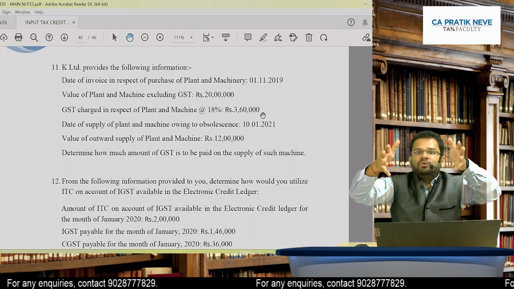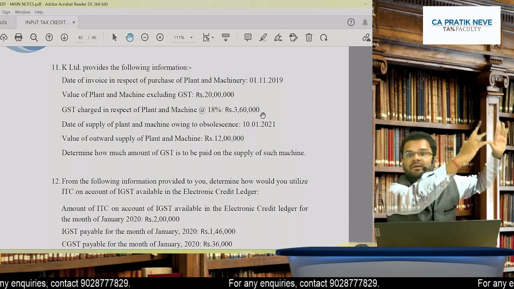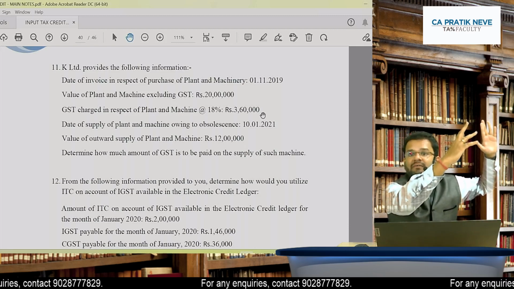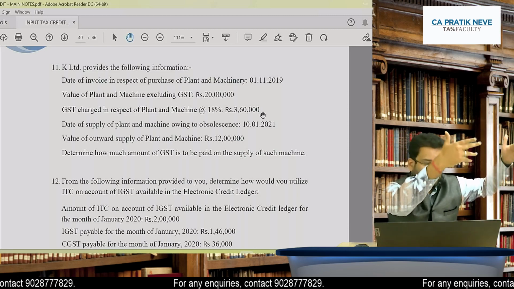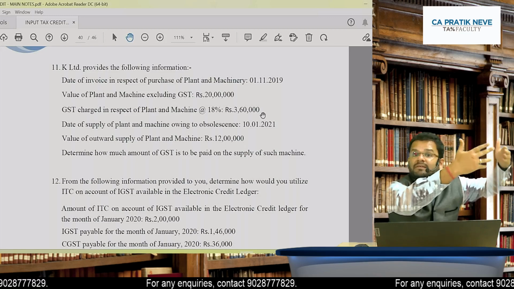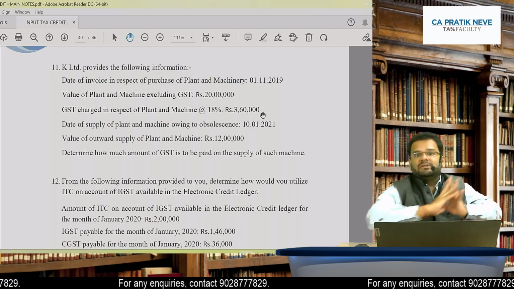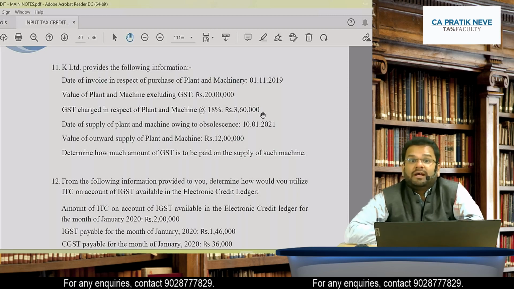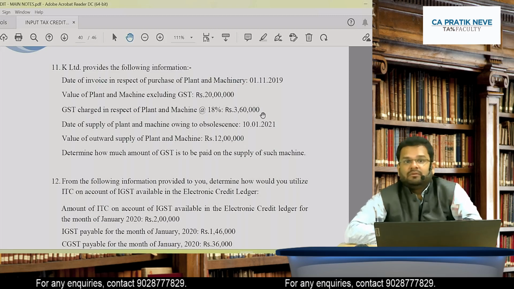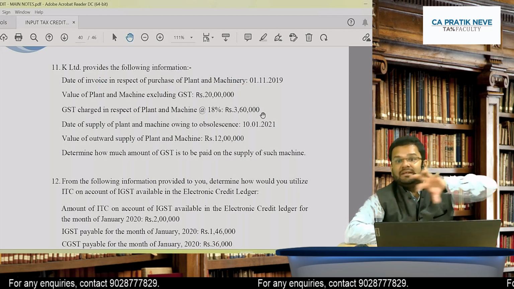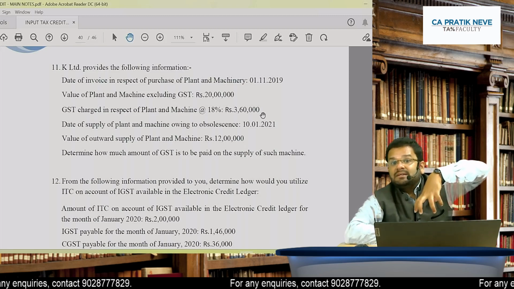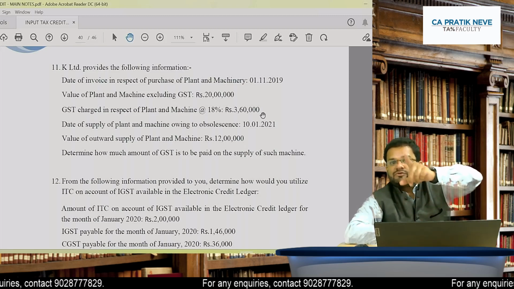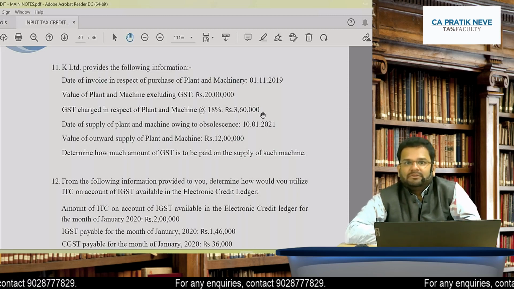So what they will do, they will apportion to the factories in proportion of turnover in state of those factories. This is called as apportionment, okay, of that ITC by ISD. ISD, input service distributor. Remember this.